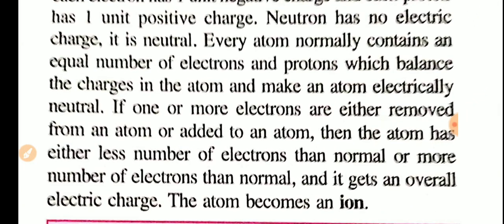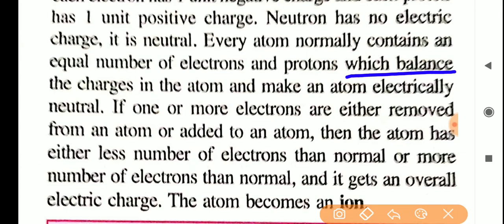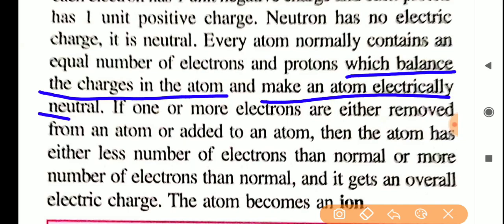So every atom normally contains an equal number of electrons and protons. That means if there are 10 positive charges, then there will be 10 negative charges also. That means equal and opposite charges will always be present in an atom, which will balance the charge in the atom and make an atom electrically neutral.